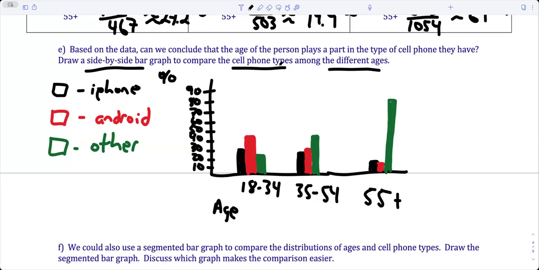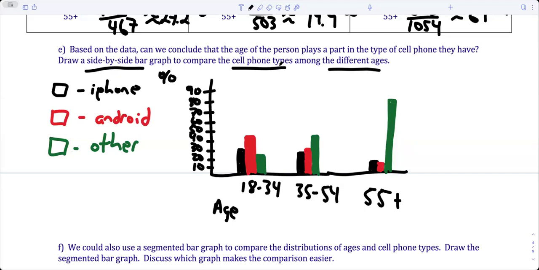Right, you can see immediately. You can look at the percentages and tell, but looking at the graph, you can see immediately that when the survey was taken, the people in the 55 plus had different types of phones other than an iPhone and an Android.